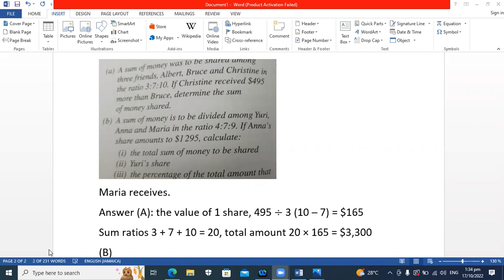If Anna's share amounts to 1295, calculate the total sum of money to be shared. Help me to understand what you're referring to, please.